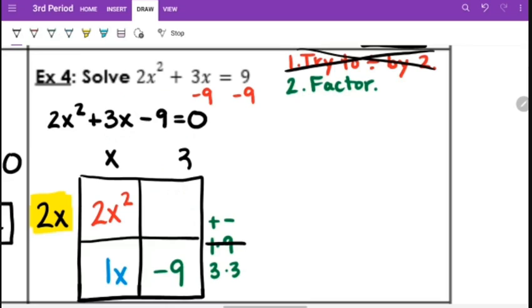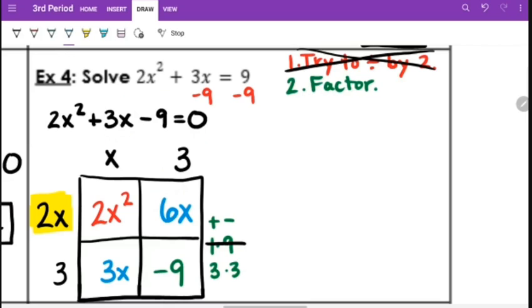Our next option is 3 times 3. Now, one of these has to be negative, and it matters which one. It absolutely matters which one we make negative. So watch what happens here. We end up with a 6x in the top right, and we end up with a 3x in the bottom left.